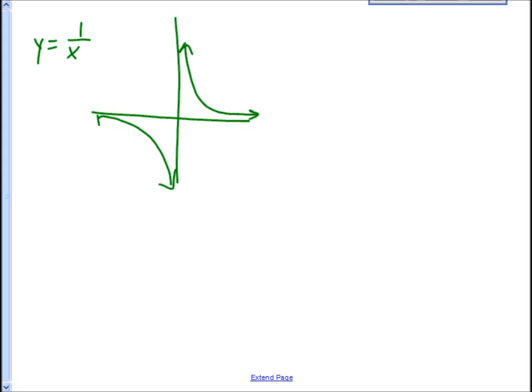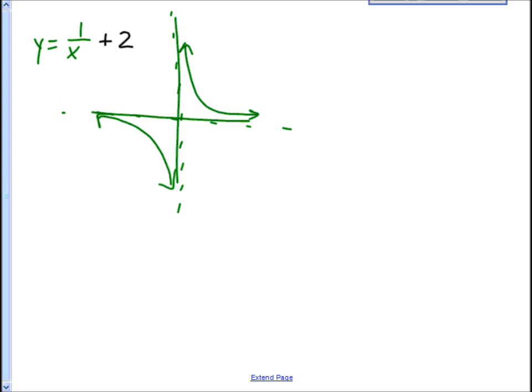Couple more quick things, and this is just to involve some transformations. Now, 1 over x is kind of your classic rational function, right? Where we have the horizontal asymptote y equals 0, the vertical asymptote x equals 0. So if you were to take this and just throw on a 2, how would that change it?